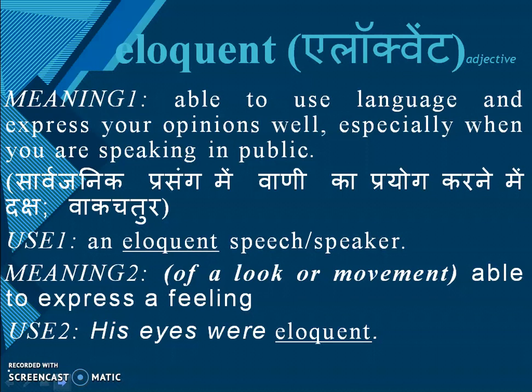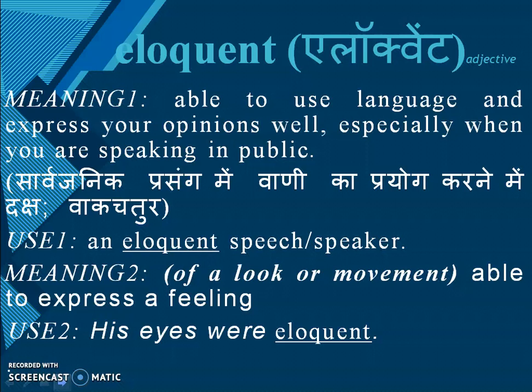Eloquent, this is also an adjective meaning able to use language and express your opinions well, especially when you are speaking in public. सार्वजनिक प्रसंग में वाणी का प्रयोग करने में दक्ष, वाक चतुर.